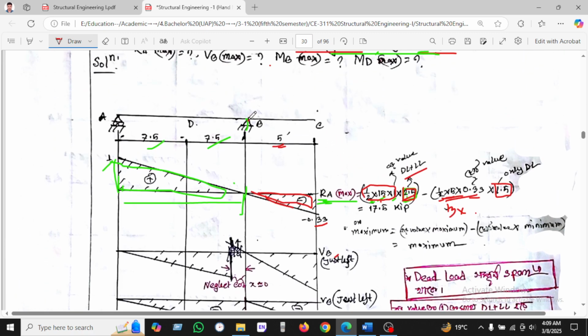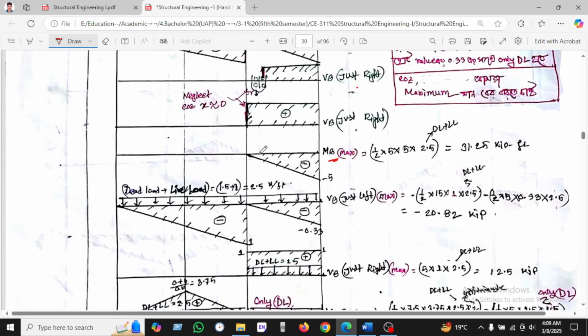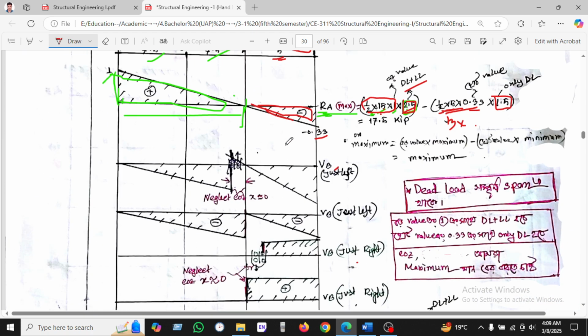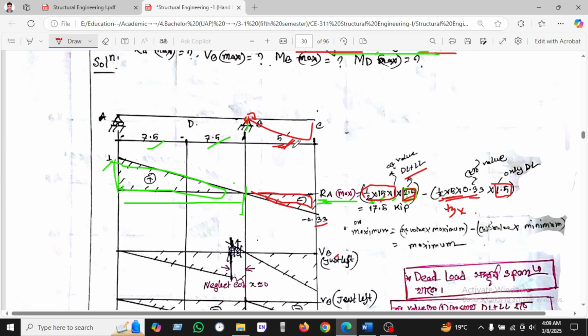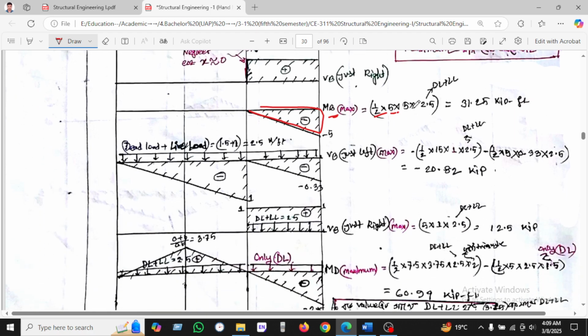We are taking the moment here, the influence line is here, so it will be like this and like this. So I will calculate half into length. Length is 5 as given here, and height is 5, and we are taking this as the box. As we have been seeing, this is the only one segment. That's why we are taking the dead load plus live load together.